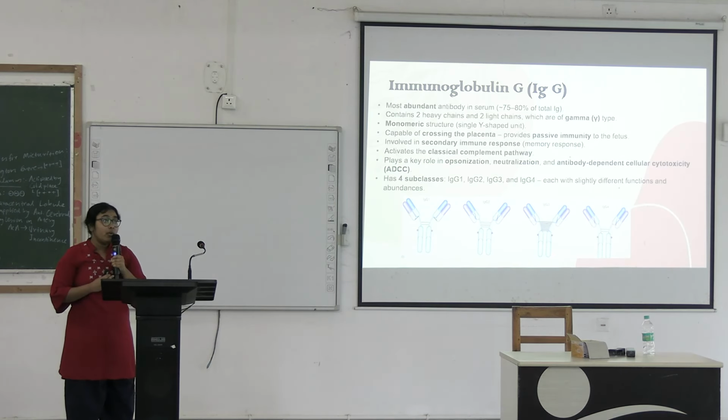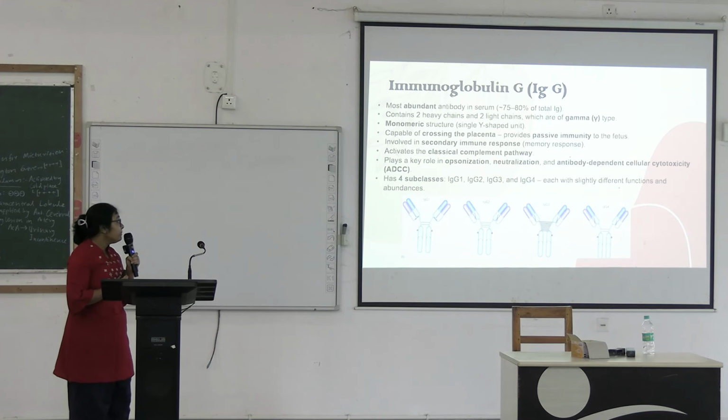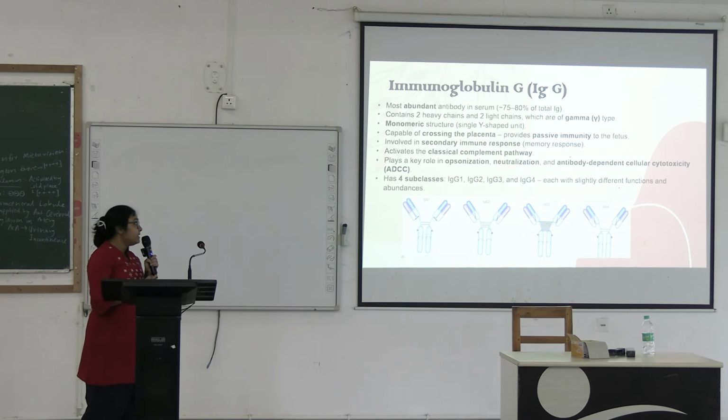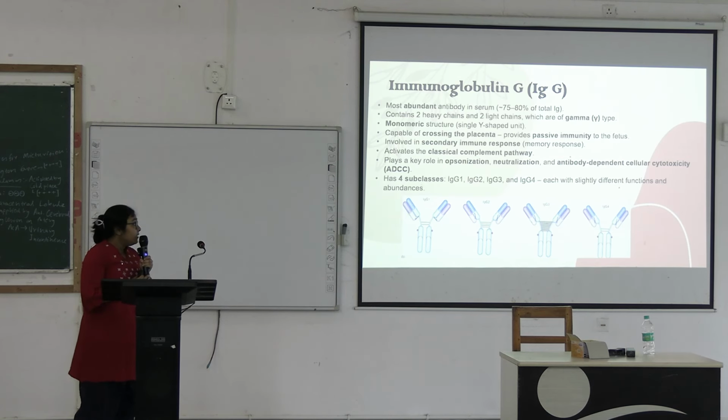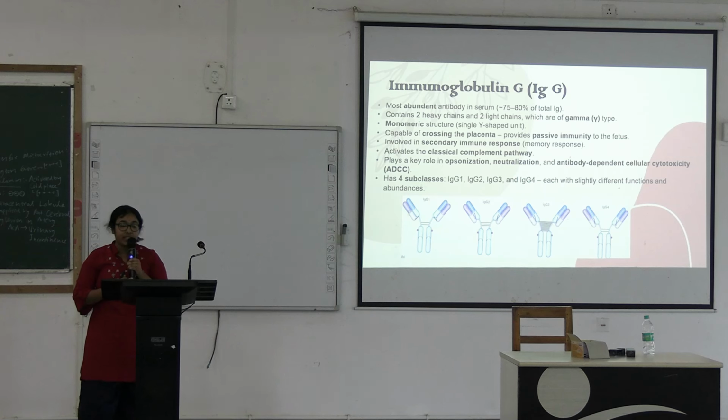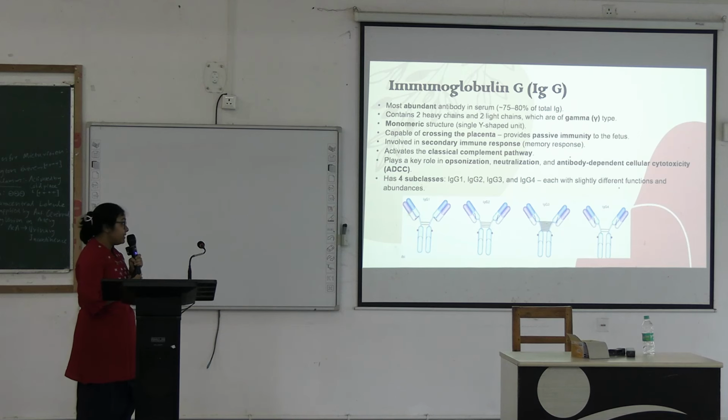Activates classical complement pathway, plays a key role in opsonization, neutralization, and antibody-dependent cellular cytotoxicity. Has four subclasses IgG1, IgG2, IgG3, and IgG4, each with slightly different functions and abundances.